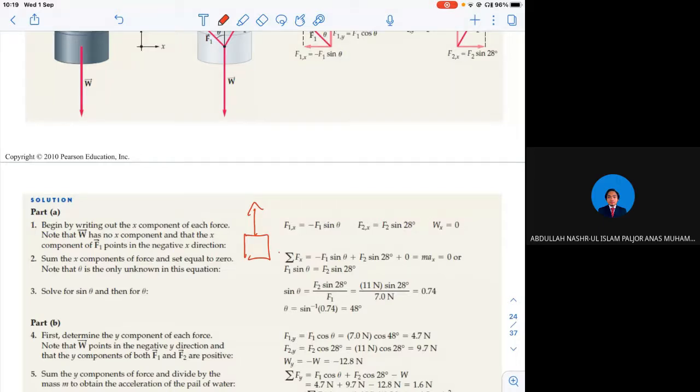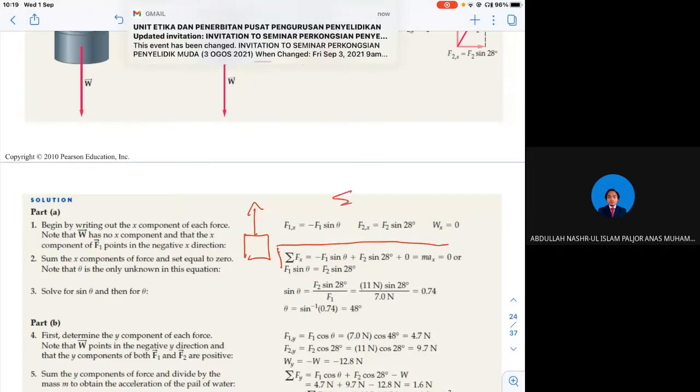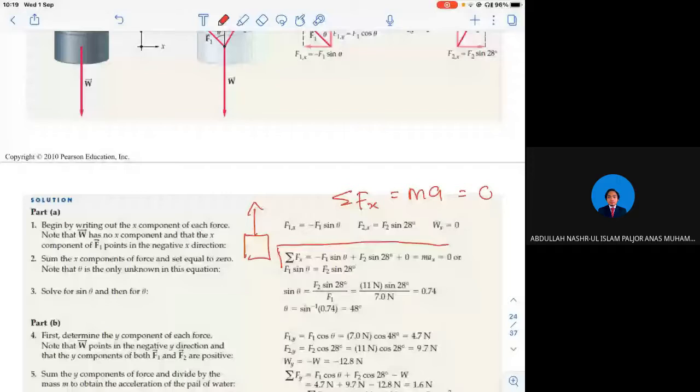Normally we put summation of Fx equals ma, but right now we put summation of Fx equals 0, because it doesn't move in the x direction, but it moves in the y axis. Therefore the summation of Fx equals 0.